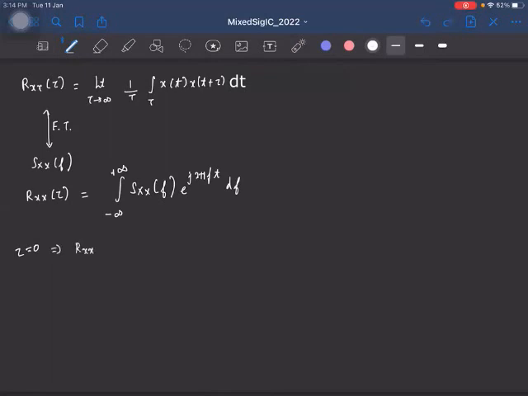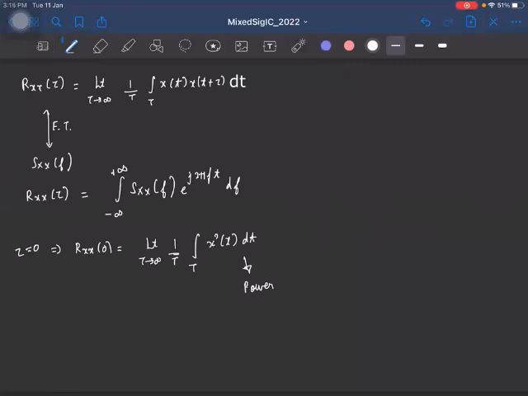We get Rxx of 0, which is the limit T tends to infinity of 1 by T times the integral over the time period of x square of t dt. And what is this? This is simply the power of the signal. So we can see that we can compute the power of the signal by computing the autocorrelation at 0 time shift.